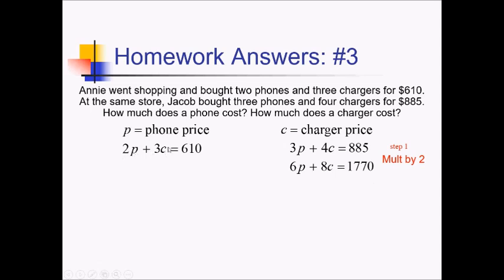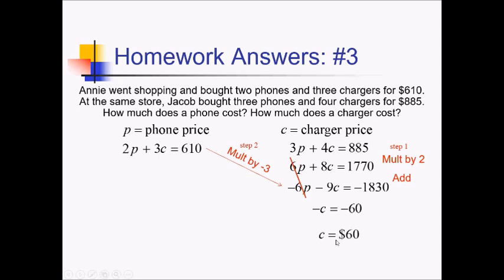So let me multiply this by negative 3, giving me negative 6p minus 9c, and then this will be negative 1,830. Adding those 2 equations together, those 6p's happily cancel, and 8c minus 9c is just negative c. Over here, 1770 minus 1830 is negative 60. And then dividing both of these by negative 1, we have the price of a charger, C, equals $60.